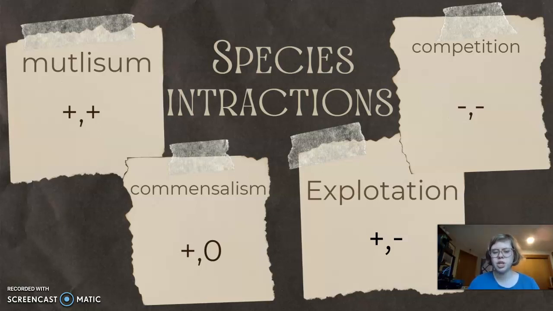Then there is competition where both species do not benefit. So basically one species is going to eat another species, and even if the species gets away, it's harmed because maybe it got injured, it had to flee from its habitat.